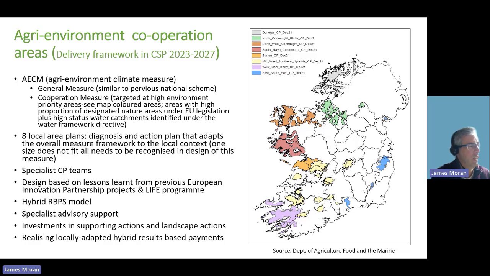So as you can see, many of the design elements that were in the various pilot programs are incorporated into what we now have as an implementation of a hybrid results-based payment scheme model with specialist advisory support and investments in supporting actions and landscape actions as well. So essentially this is aiming to realise, at a broader national context, this locally adapted hybrid results-based payments. Thank you.